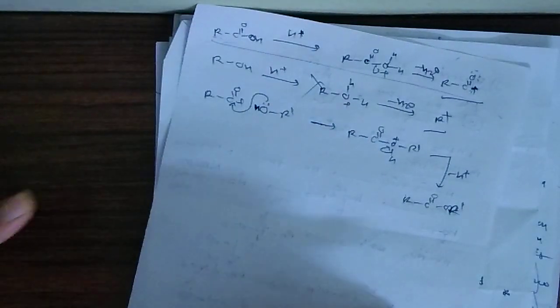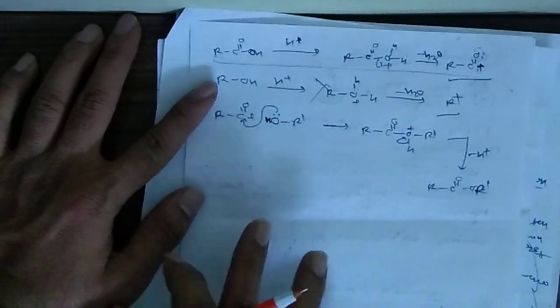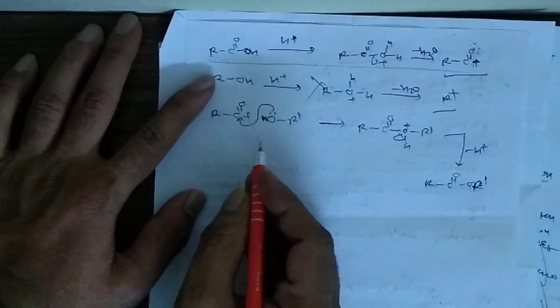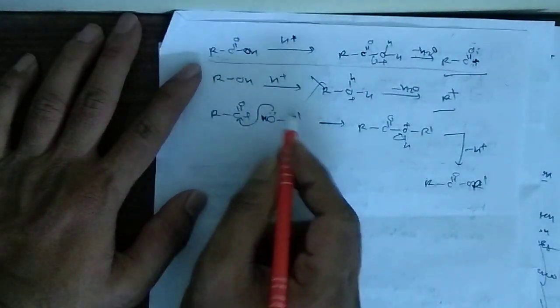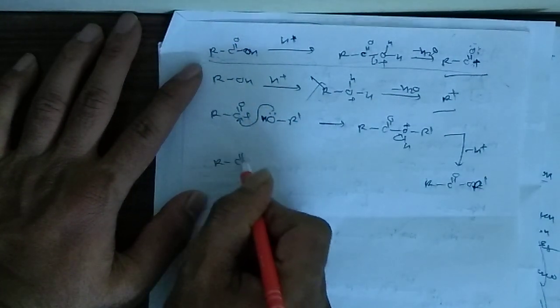Now let's come to some important questions based on that reaction. Before the question, first we will see some similar types of reactions that form esters. This is one of the methods for the formation of ester. Let's see another method.